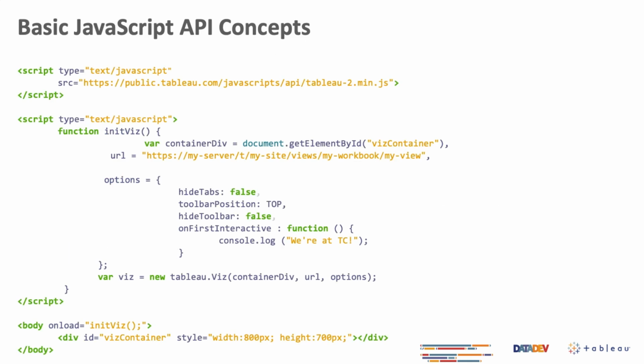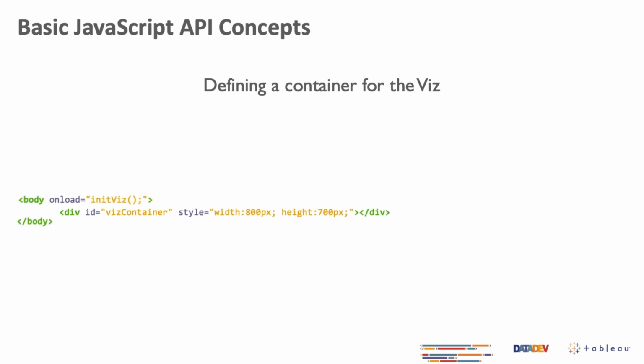Let's have a look at some key concepts for the JavaScript API. That's an example of very easy code for the JavaScript API to embed a simple visualization inside an HTML page. What we notice first is that you need to define a container for the viz. Where is the viz going?